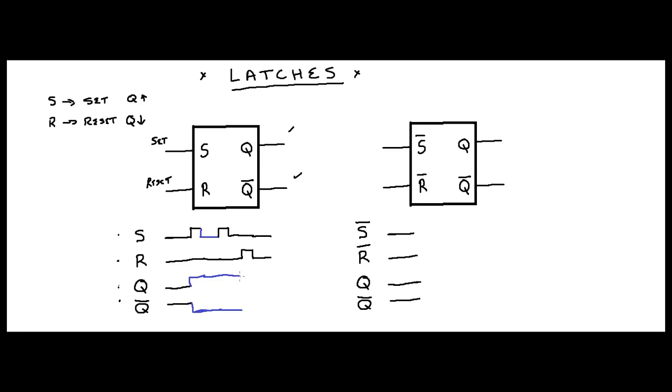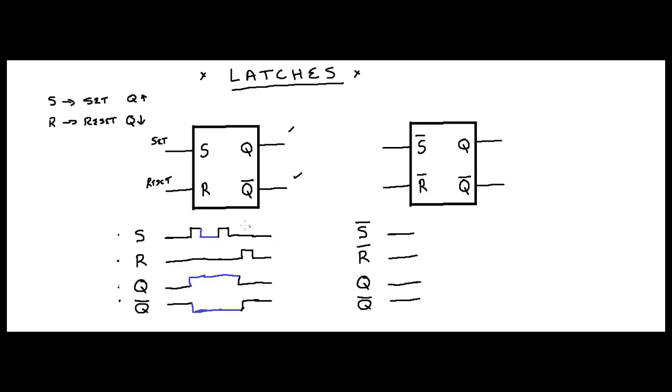Well, your Q is going to go back being low again, isn't it? But your Q bar is going to be high. Get it? When you reset it, remember, Q goes low, Q bar goes high. When you set a latch, Q goes high and Q bar goes low. Get it?